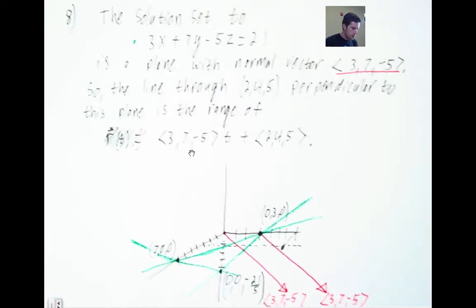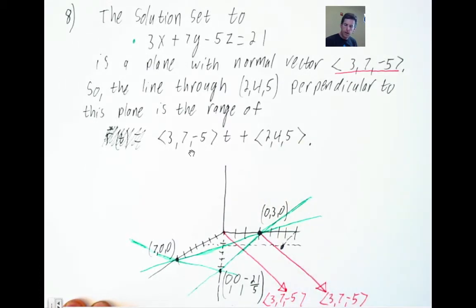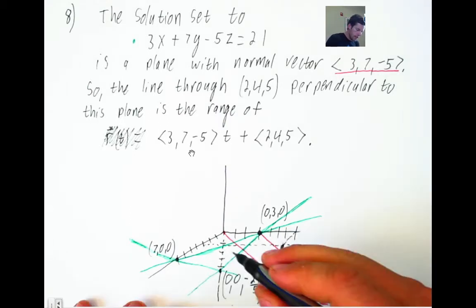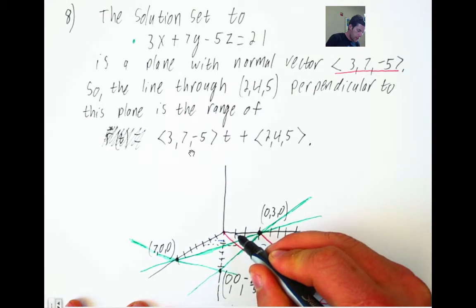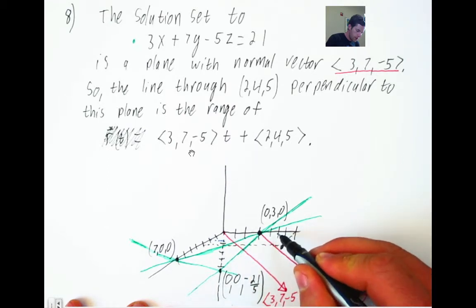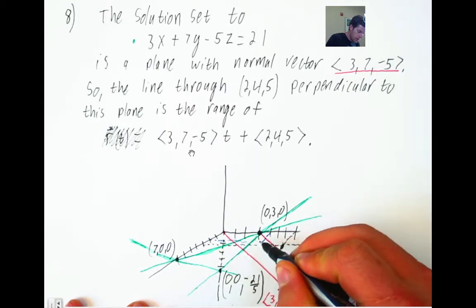Alright. So next I am meant to put in the point 2, 4, 5. That's 2 out in this direction, 1, 2. And then over to 1, 2, 3, 4. Okay, that puts me about here.